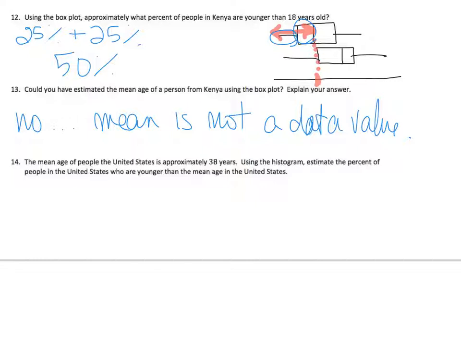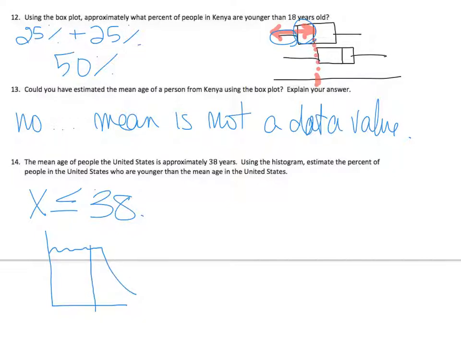Using the histogram, estimate the percent of people in the United States who are younger than the mean age in the United States. So I want less than 38. If you look at the histogram for the US, it is all about right there, and then it drops down. So that's 40.